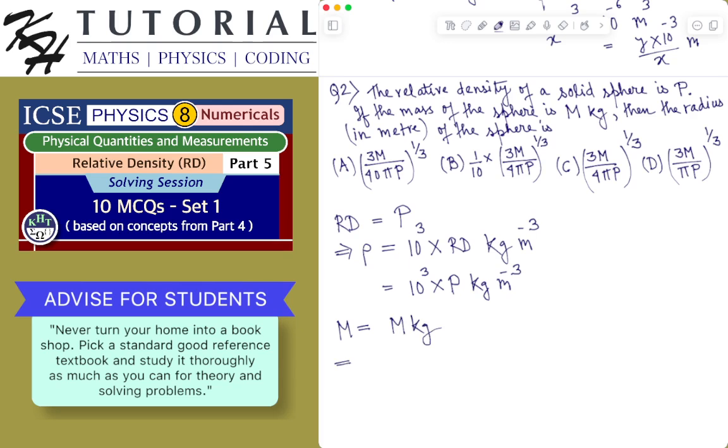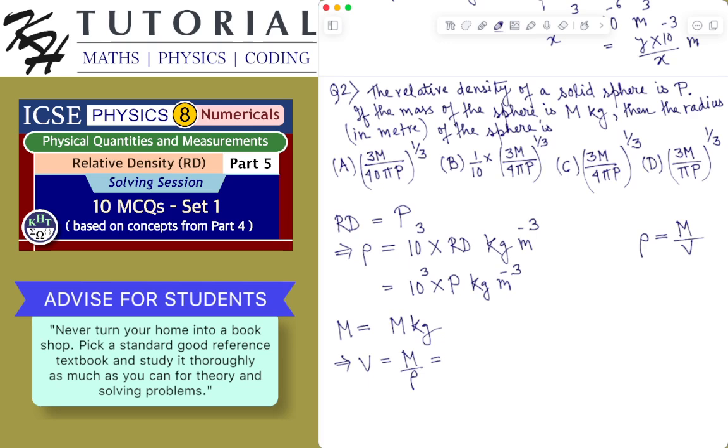So from here we can clearly find the volume from the formula that density is mass by volume. We can say that the volume will be equal to mass by density. Now the mass, please do not get confused with this capital M on the left hand side.